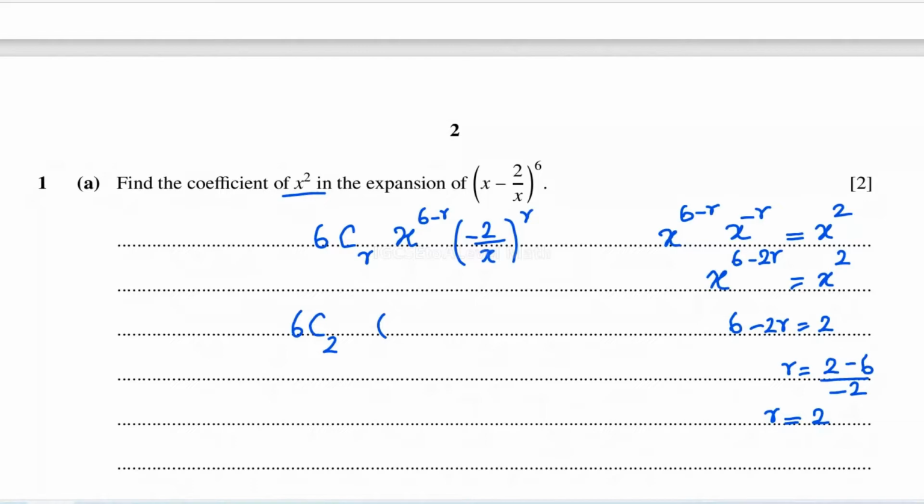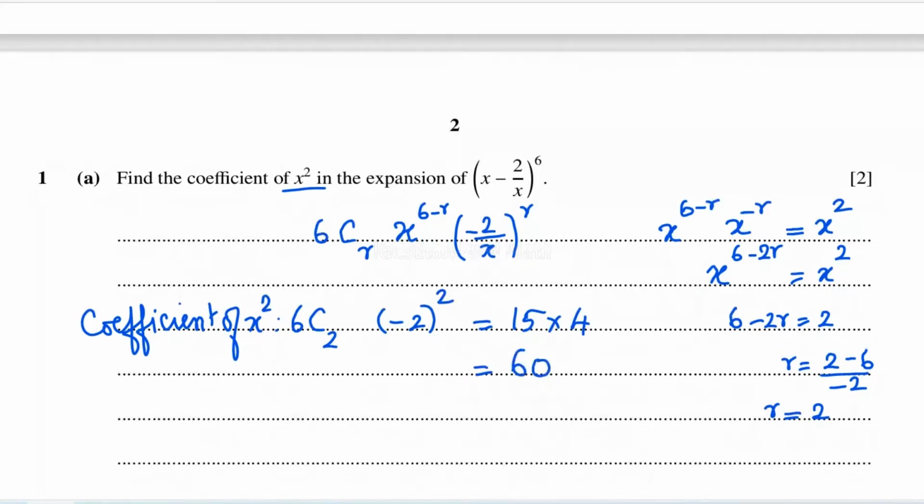So this is the coefficient of x square, so minus 2 over 2. 6C2 is 15. 15 multiplied by 4, which is equal to 60. So the coefficient of x square is 60.